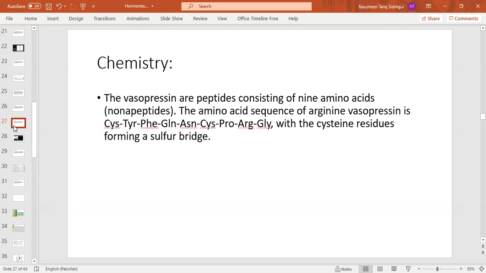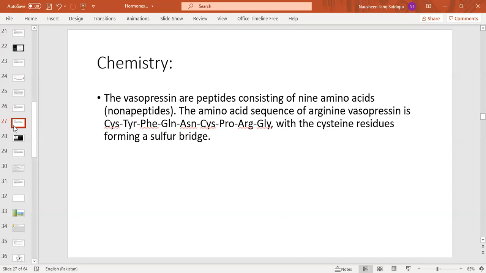The amino acid sequence of arginine vasopressin is cysteine, tyrosine, phenylalanine, glutamine, asparagine, then cysteine, proline, arginine and glycine, with the cysteine residues forming a sulfur bridge.